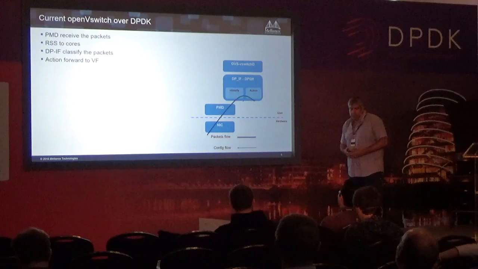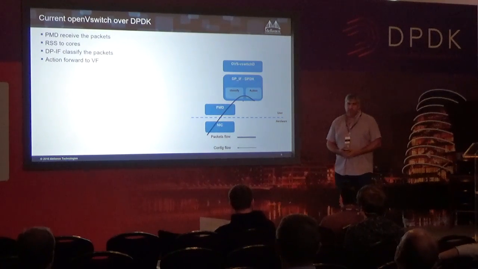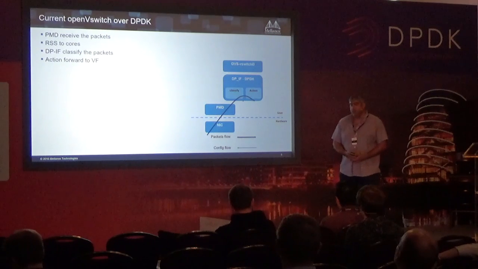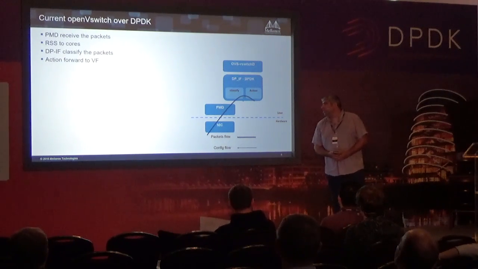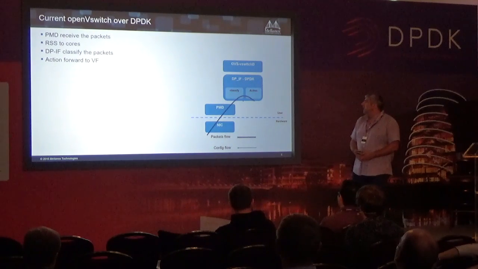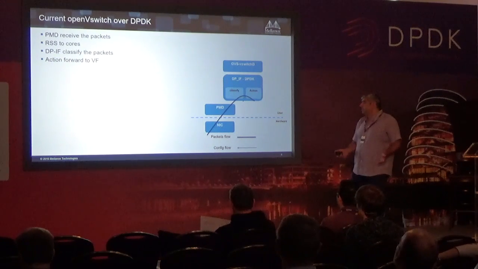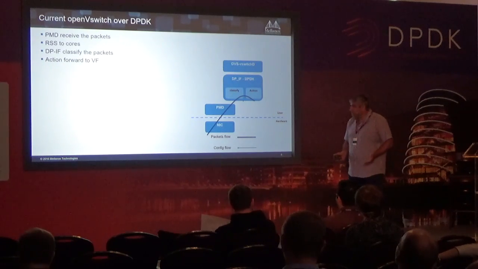I want to focus a little bit on OpenvSwitch as an example for someone that's using DPDK today. The current implementation of OpenvSwitch DPDK is that you have a PMD that receives the packets. We're using RSS in order to have a few cores.